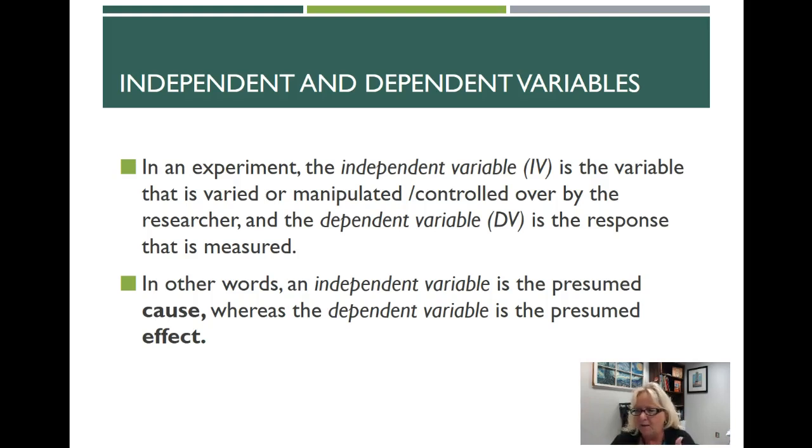So if you're wondering, does pen or pencil make a difference in test grades? It's a silly thing, but your independent variable would be whether the student has a pen or a pencil. That's what you're manipulating. You're giving some students pens and some students pencils. Your dependent variable would be the grade on the test. That's super simplistic and probably not causal, but let's just say that's what we're doing. You're varying the independent variable and you're having an effect on the grade.